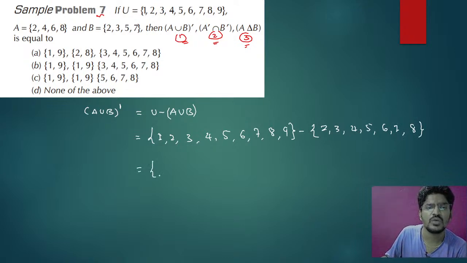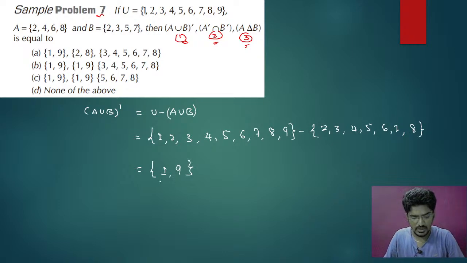Now this will be equal to U minus A union B. 2, 3, 4, 5, 6, 7, 8 are deleted. 1, 9 is my answer.